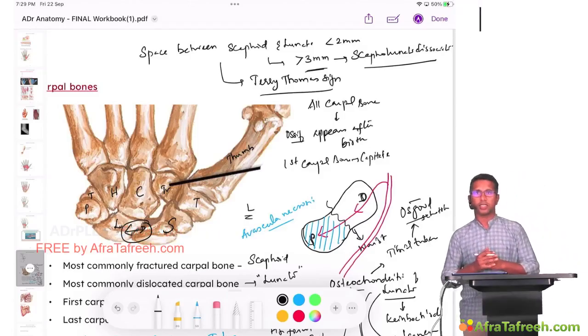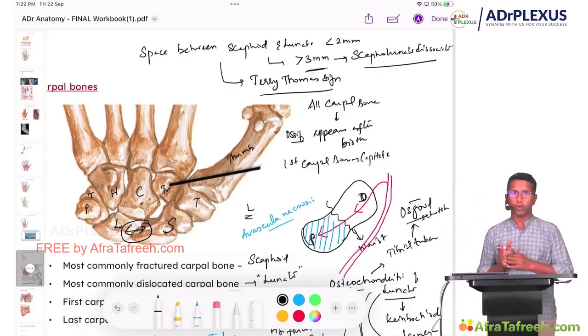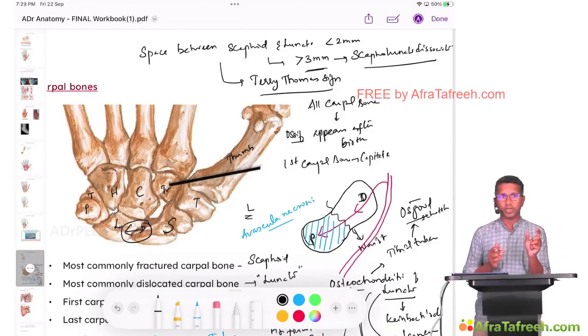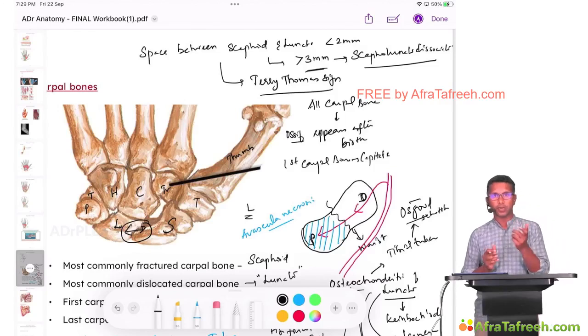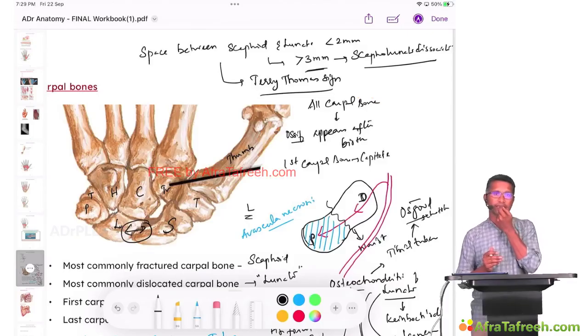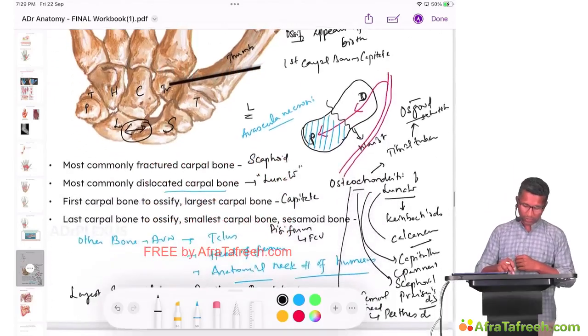Okay guys, that is an important condition we need to discuss at this junction. Increased space of more than 3 mm between scaphoid and lunate gives a sign called Terry Thomas sign. He is an actor, a comedian who has an increased space between his teeth. So they have given this sign the name Terry Thomas sign.